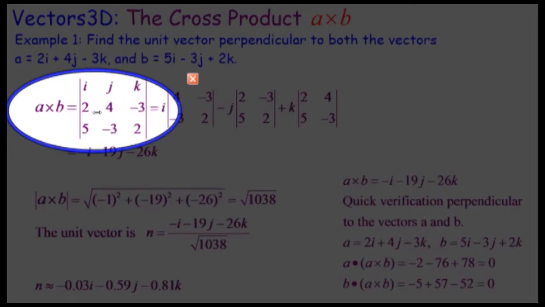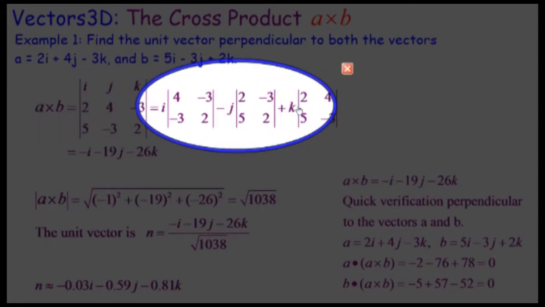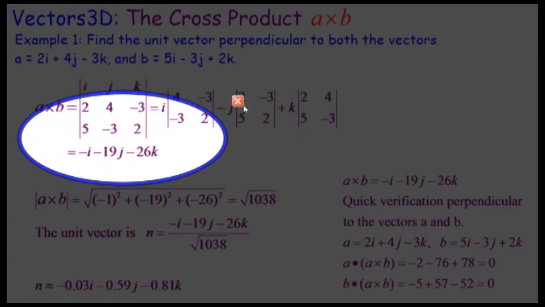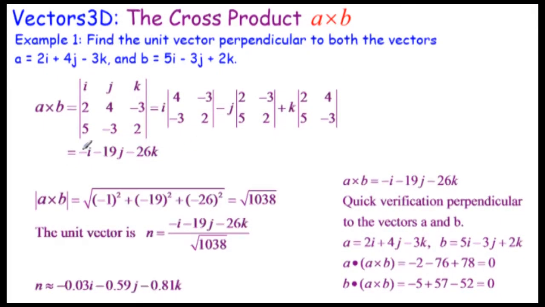It's not too bad. If you go through and work it all out, it works out to minus I minus 19J minus 26K. This is the vector A cross B. Now its unit vector is basically this divided by its length.